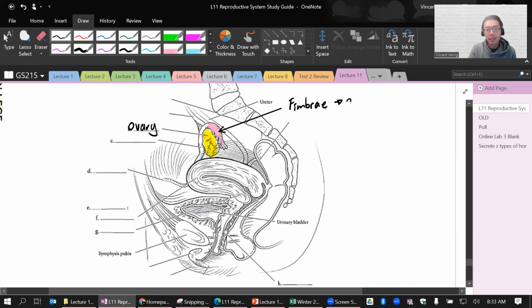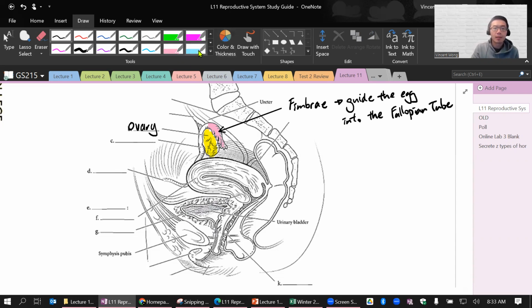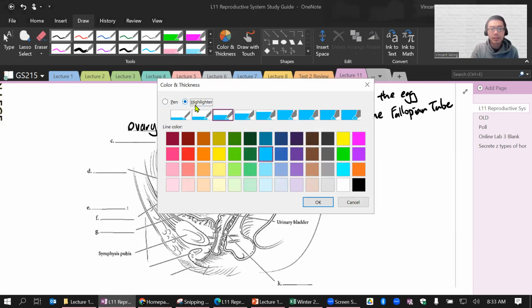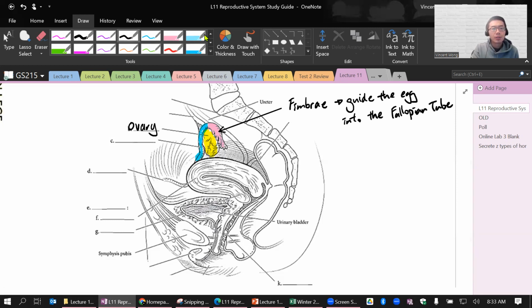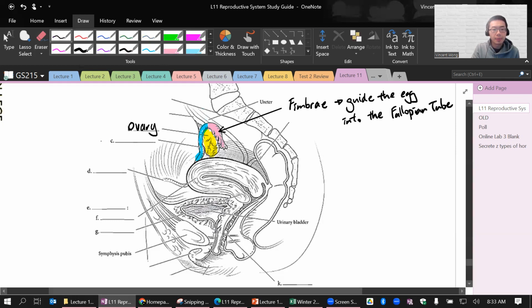This is plural, so they guide the egg into the fallopian tube, which is right here. That is the fallopian tube, or oviduct, right? Both are okay.